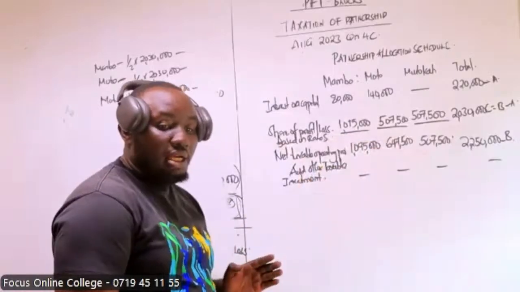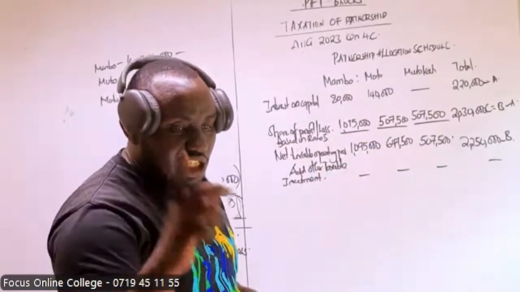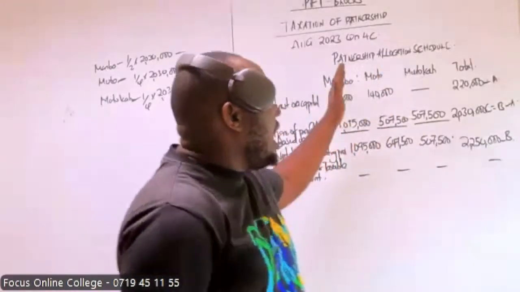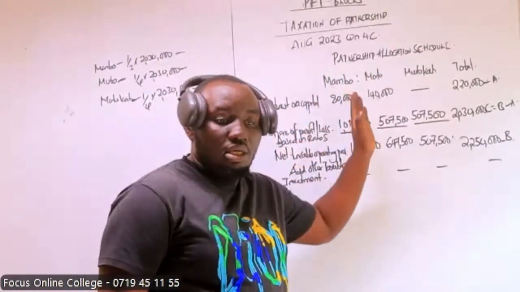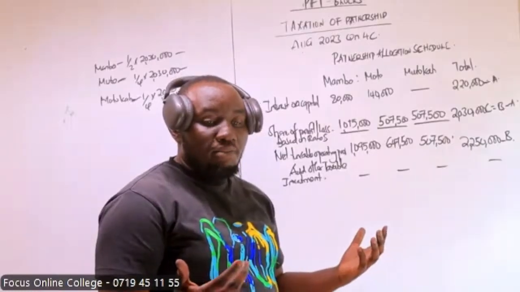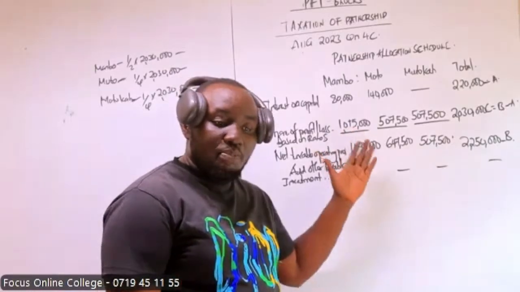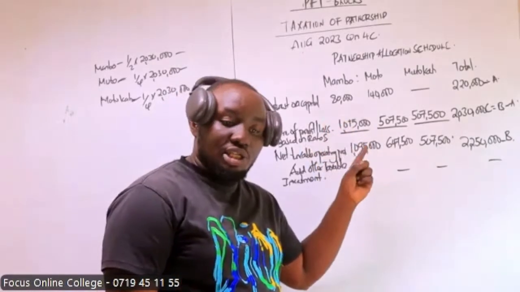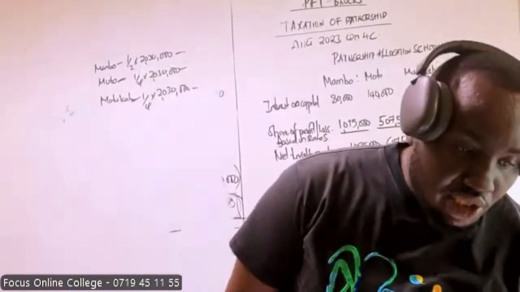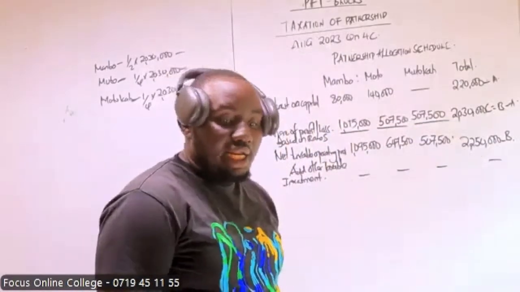This should be okay. So how do we tax partnership? Once we distribute this, how are we going to tax the partners? We are going to tax the partners on a graduated scale.